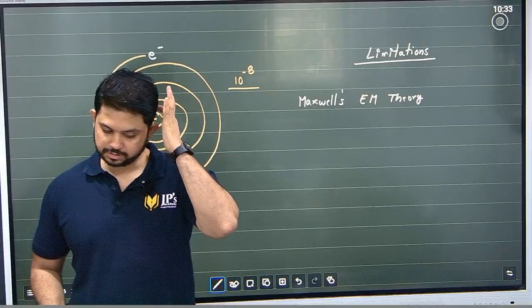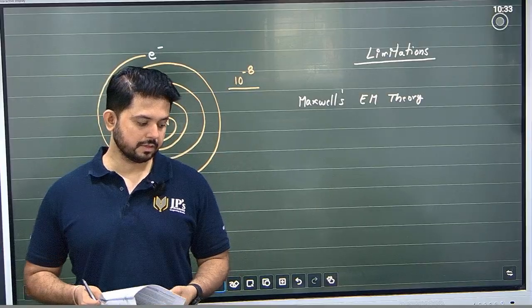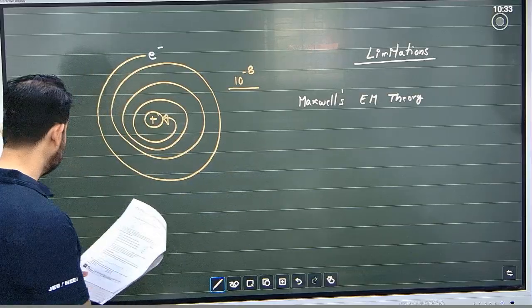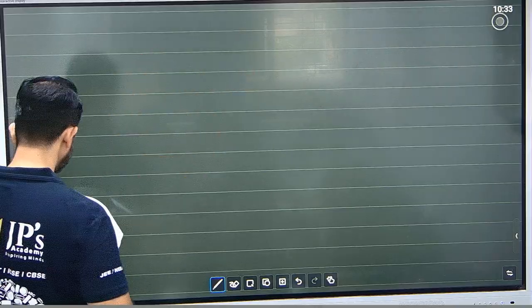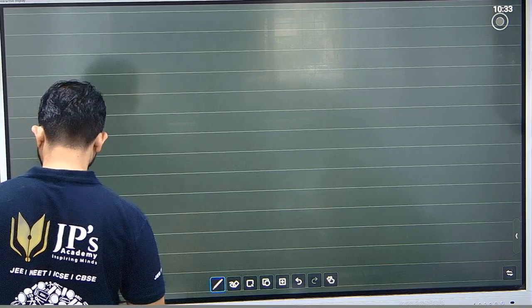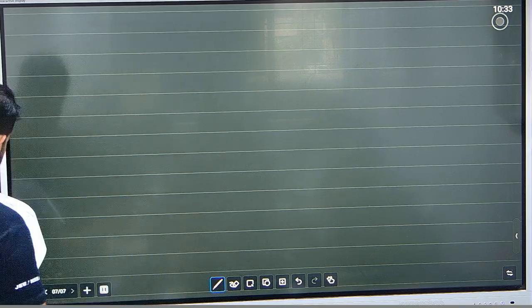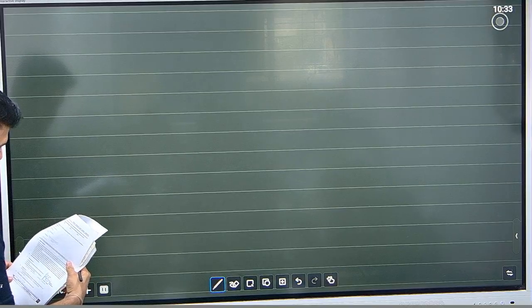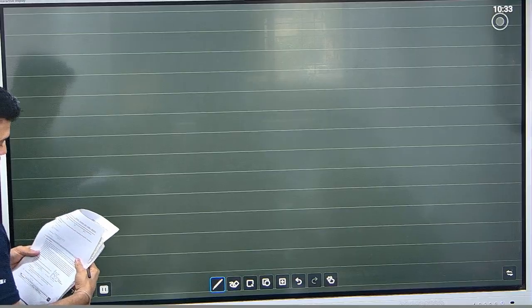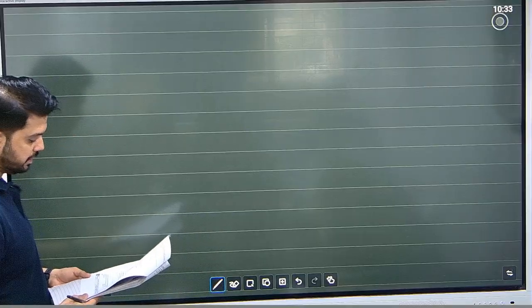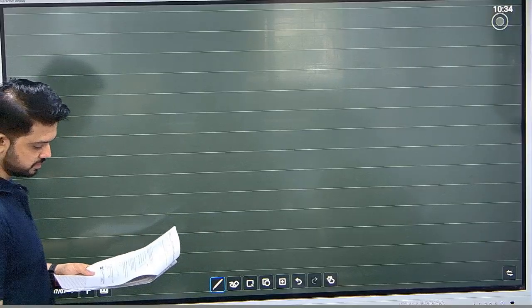Next point. The model doesn't explain the arrangement of electrons around the nucleus.